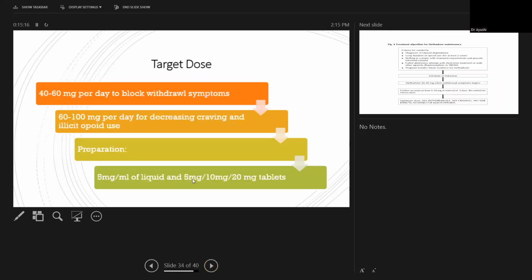The target dose for methadone is 40 to 60 mg per day to block withdrawal symptoms, and 60 to 100 mg per day for decreasing craving and illicit opioid use. The preparation is 5 mg per ml of liquid, and it is available in tablets of 5 mg, 10 mg, and 20 mg.